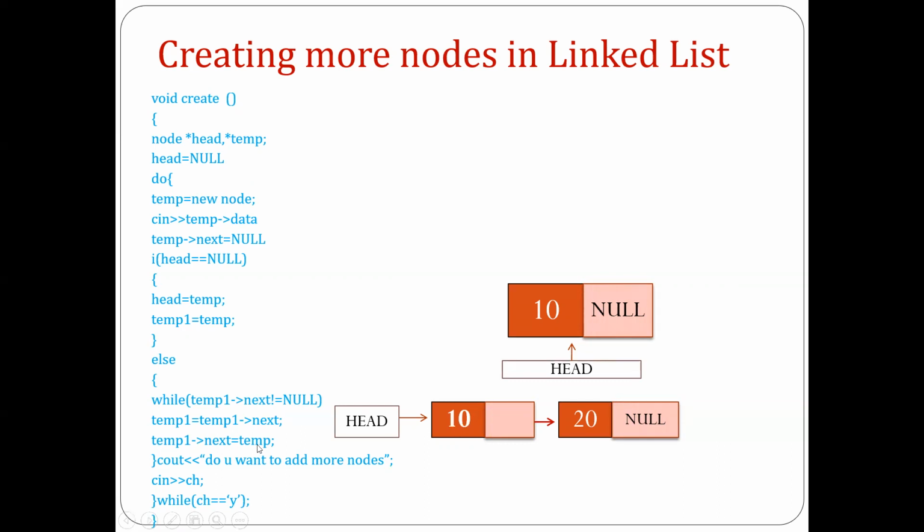So temp1 next is equal to temp. That means the last node's address field is changed to the address of this temporary node. By this instruction, the link is established between the original last node and the new node, and the new node is added into the linked list. So with this code, you can add any number of nodes in the single linked list.